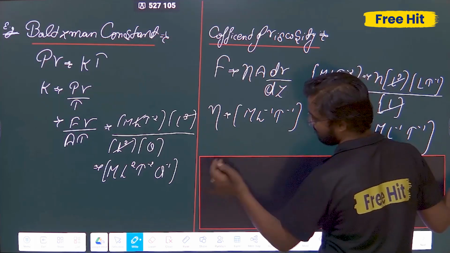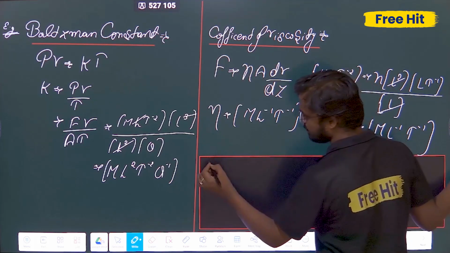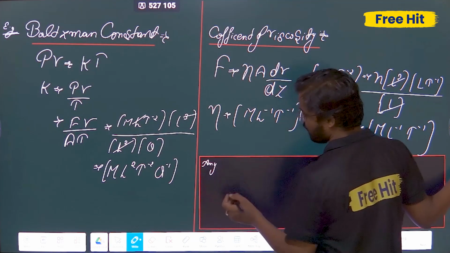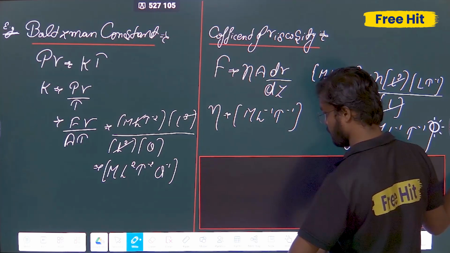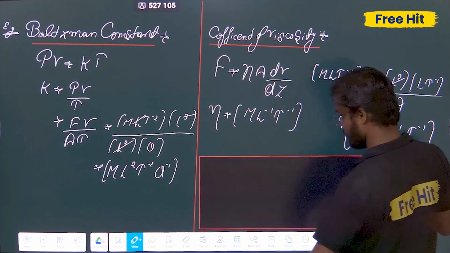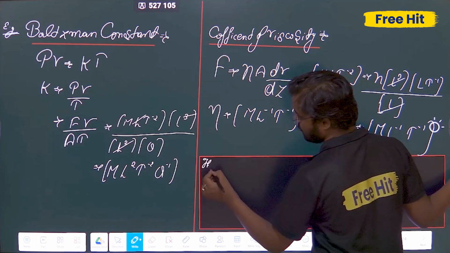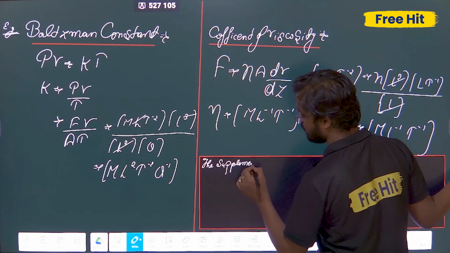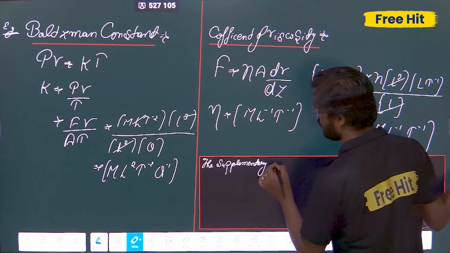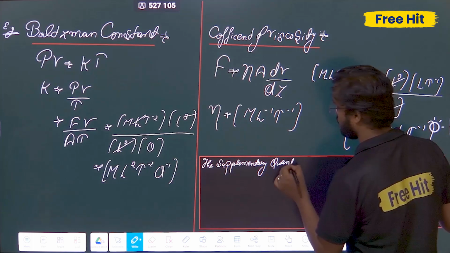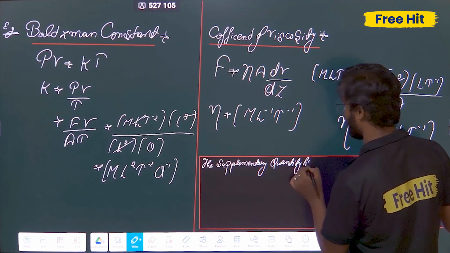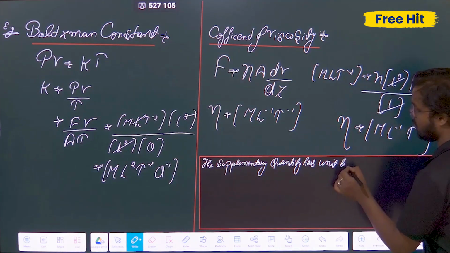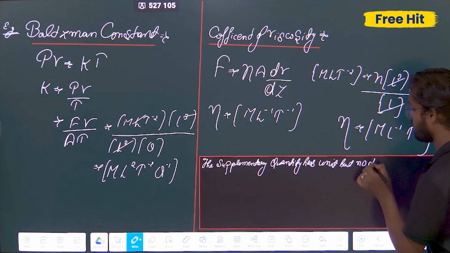A supplementary quantity has a unit but no dimensions.